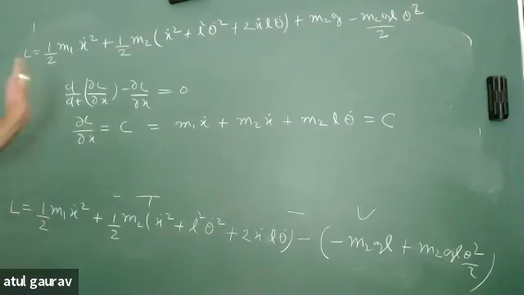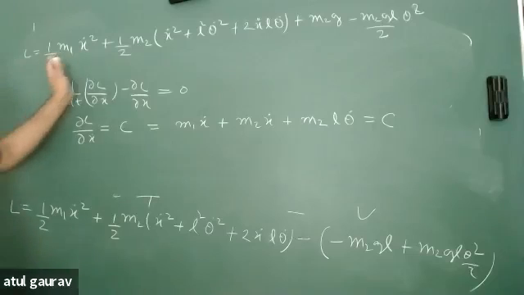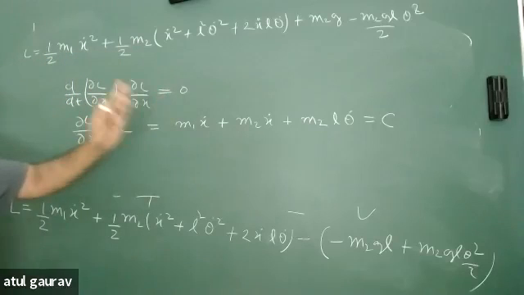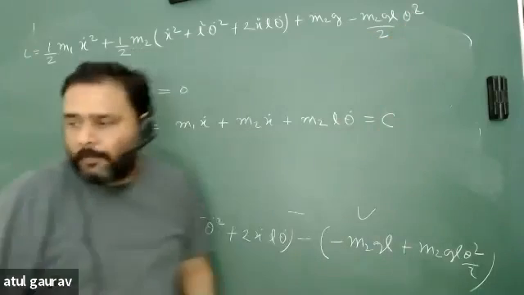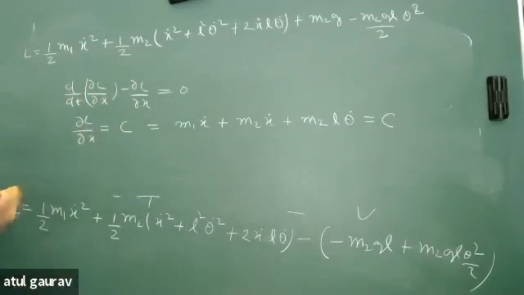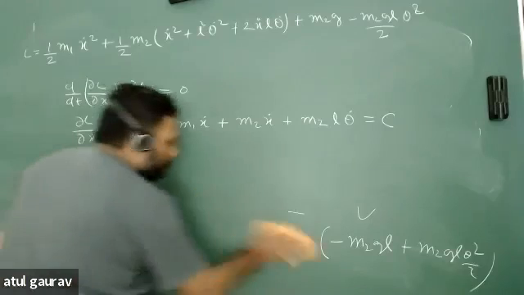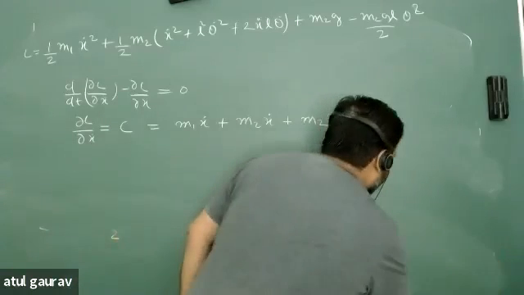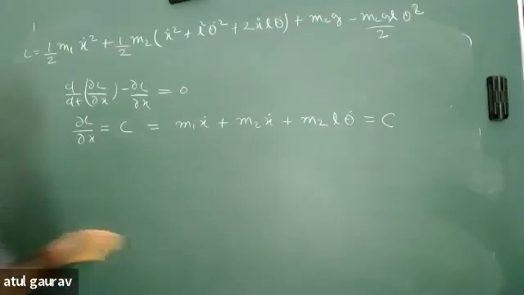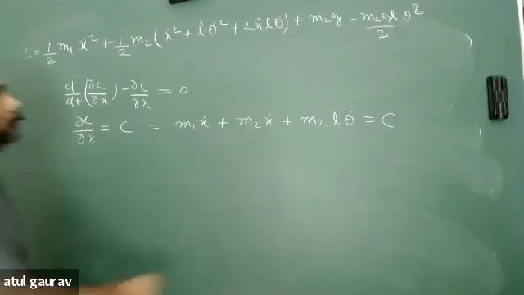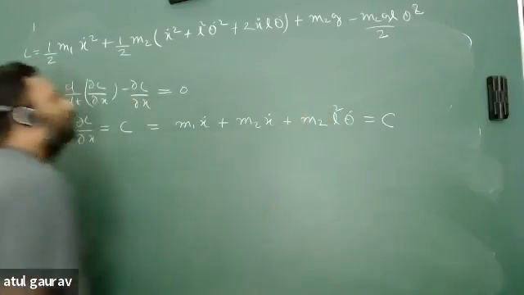Let's go for the second equation, the most important one, because we have to go for the equation of motion for theta, and in this direction you have restoring force as theta square. Sir, M2 L square theta dot.